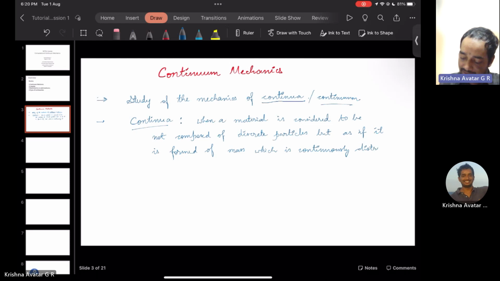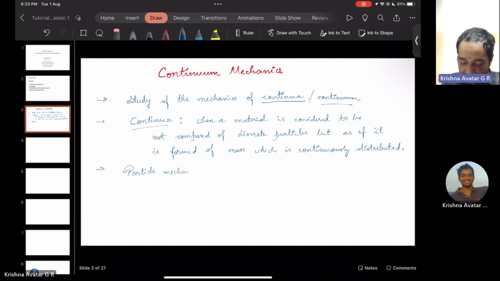That is the main thing here. Now you'll ask, why do we assume this? What is the basis behind it? The simplest thing you can imagine is a block of wood. You know very well that wood is a dense object. If we try to analyze this body as if it's made up of discrete particles, then there will be trillions of particles, and we cannot use what we have learned so far, what is known as particle mechanics.